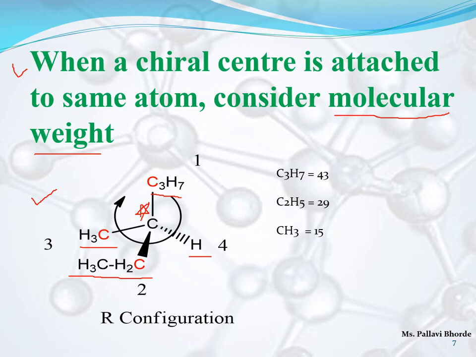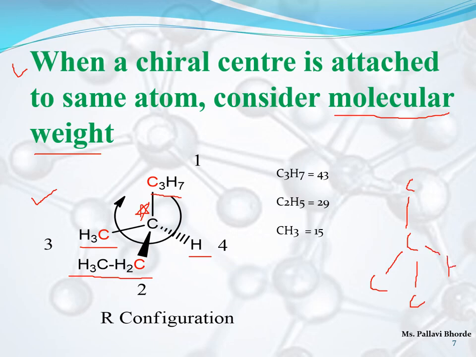So again we'll repeat, what are 4 groups attached to this chiral center? These are propyl, methyl and ethyl and hydrogen. But if we draw its skeleton, we'll have this kind of skeleton. This carbon is attached to carbon, carbon and carbon, and then hydrogen if we draw its skeleton.